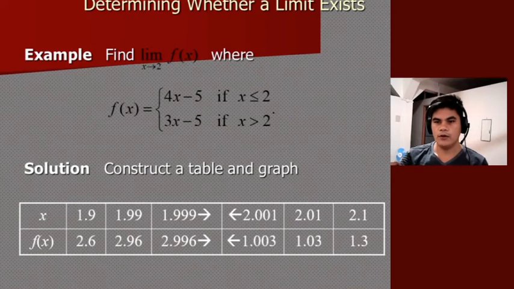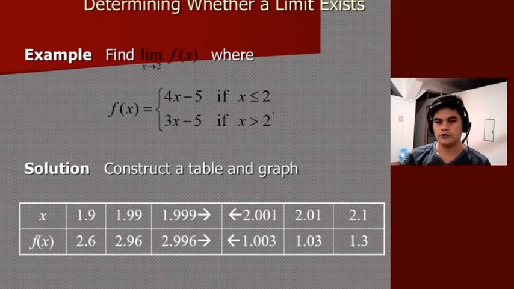So in this example, we have the function f(x) = 4x minus 5 if x is less than or equal to 2, and 3x minus 5 if x is greater than 2. If we construct a table using x values to get f(x), from the left we have 1.9, 1.99, and 1.999.